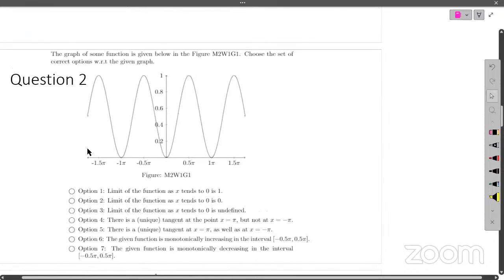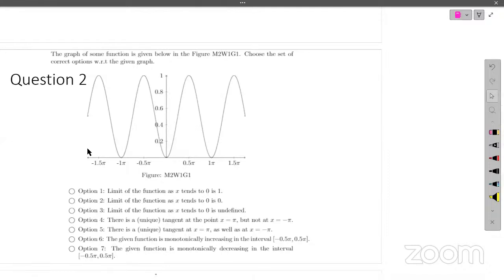Okay, so this is the question. Here also you have to judge the limit, but again, tangent at a point. Have you guys learned about the tangent? Unique tangent. Yes, ma'am.